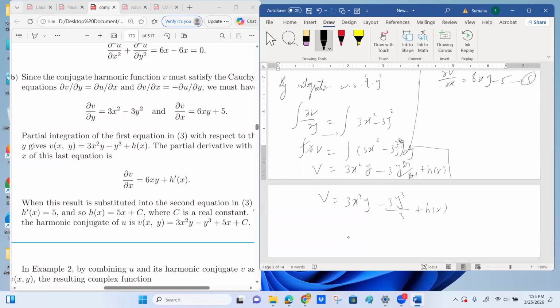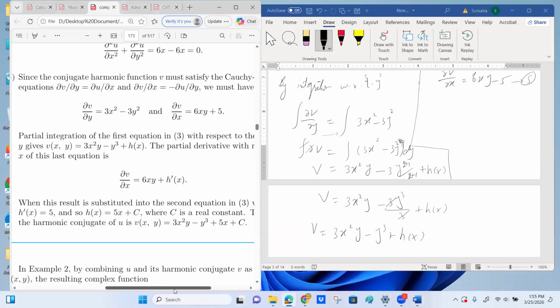So 3 is cancelled with this value, and then v is equal to 3x square y minus y cube plus h of x. You can see v of x y is mentioned in only one line here, but there are many steps that you have to write. 3x square y minus y cube plus h of x is the value of v.